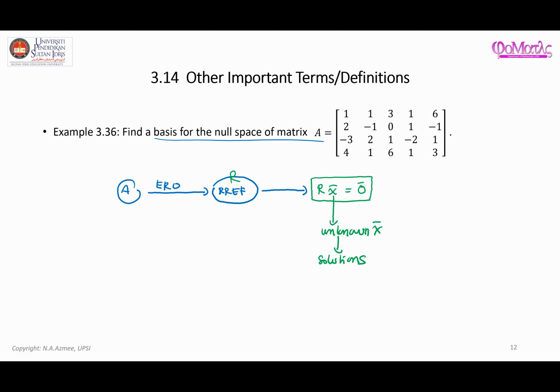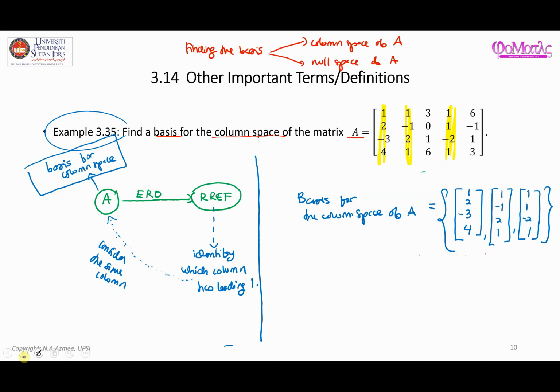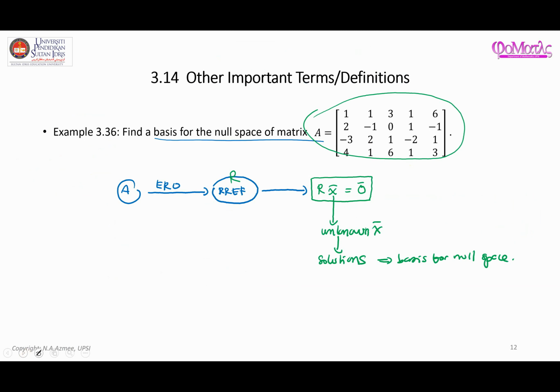So these solutions here become the basis for null space. Okay, so that's the idea. It is quite simple. Now notice that the matrix given here is the same matrix which you have seen in this example here. So we are just going to skip the process of doing ERO. We don't need to do this because we already have the result. So we're just going to continue the process from this point onwards.